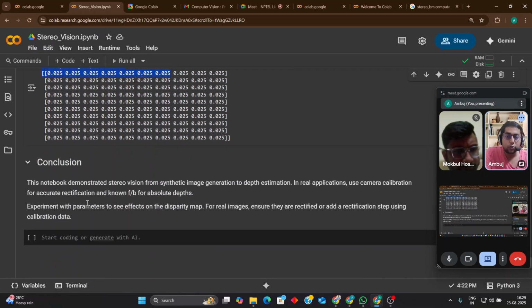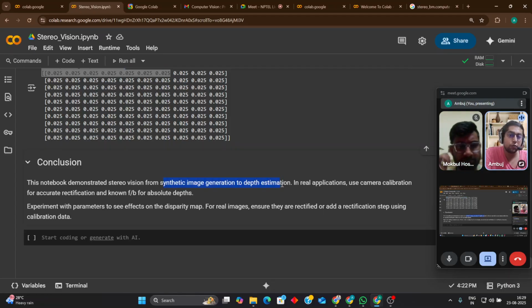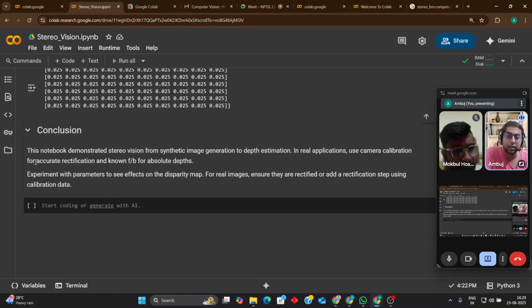So the conclusion is that from a synthetic image we have performed the depth estimation. In real world applications you have to use camera calibration. I already told you, then you have to know the f and b values for absolute depth.